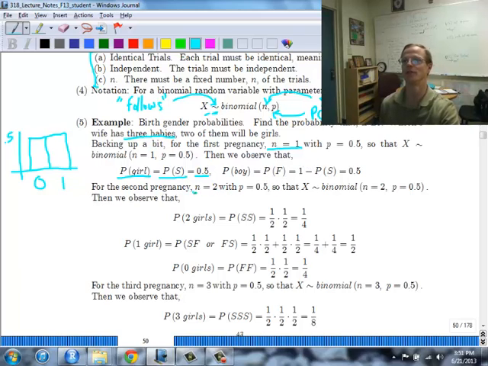Now let's jump up to the n equals 2 case. We write it like X follows a binomial probability distribution with n equals 2 and p equals 0.5. So what's the probability of 2 girls? Excuse me, it's not so easy to get the whole distribution, which is going to be like this: 0, 1, or 2. Those are all the possible cases. Well, the 2 girls case, that is actually easy.